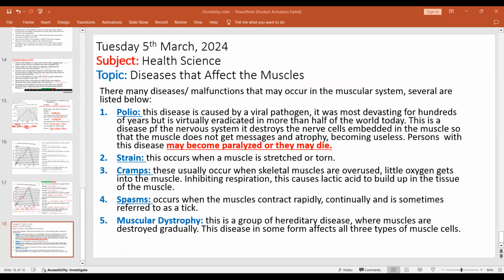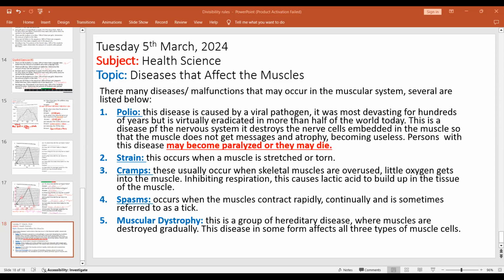And so, it happens because of mutations in a person's genes. So something went wrong with your DNA, and it causes you to have inherited conditions whereby the muscles weaken gradually.